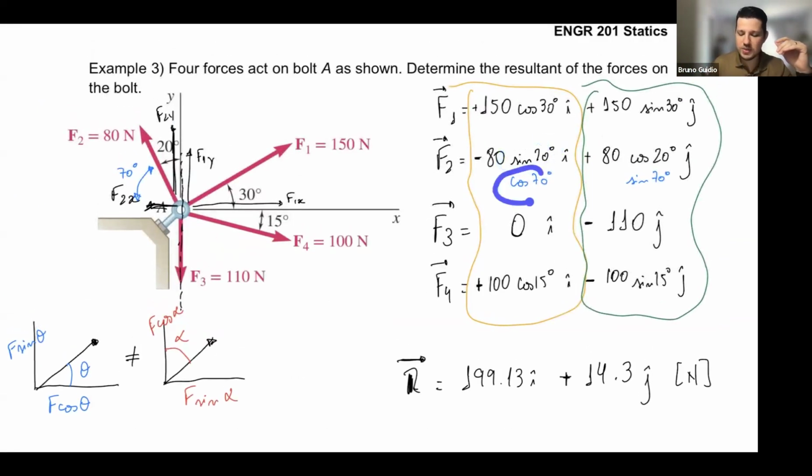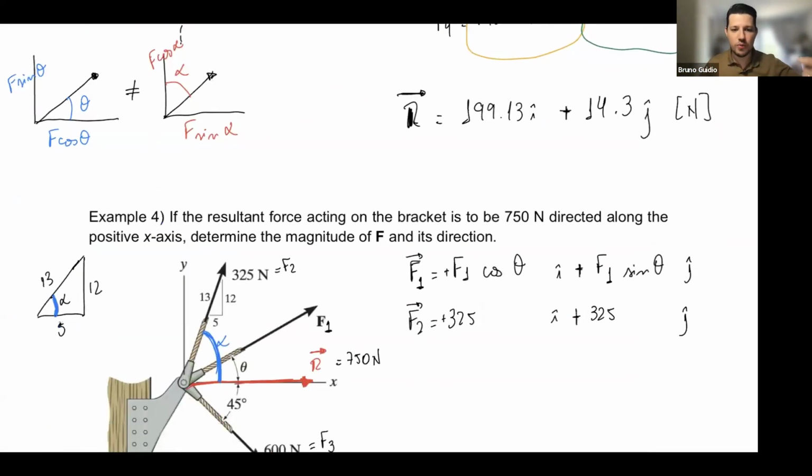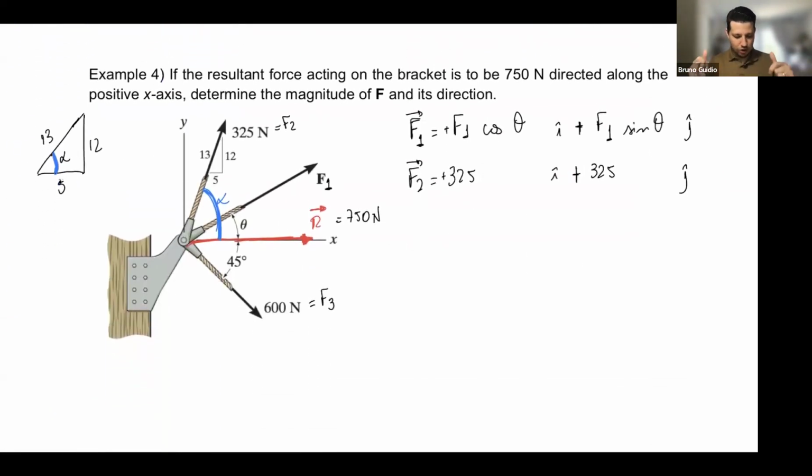I'm okay if you use cosine of 70. I just want you to understand and take the approach that you like. Sounds good? A few times during my lectures you're going to see, hey, you can do it this way, you can think this way. It's up to you. I have the way that I'm going to stick with during the lecture, but feel free to use your way to solve homeworks, problems, and the exam. All good?